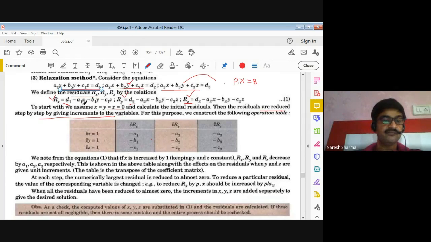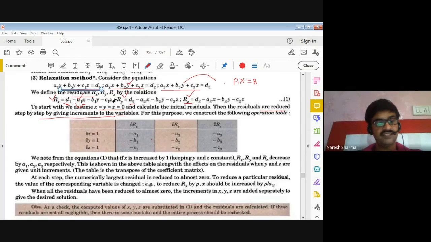But if we put here x is 1, so by changing 1 unit of x, the value of this rx decreases by a1. If we set x equal to 1, with the remaining y and z equal to 0, here it is d1 minus a1. That means d1 is decreased by the value a1.